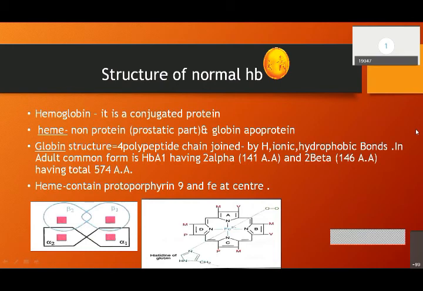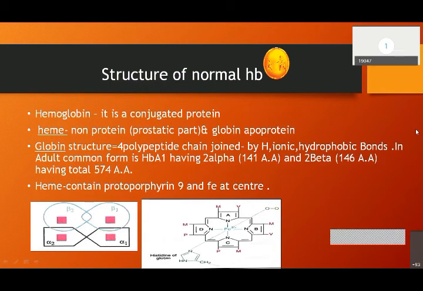Now we'll see the structure of globin. There are four polypeptide chains, alpha 2 and beta 2, which is the most common form of adult hemoglobin, that is HbA1, consisting of two alpha and two beta chains. The alpha chain contains 141 amino acids, while the beta chain contains 146 amino acids, having a total of 574 amino acids, which are joined by hydrogen, ionic and hydrophobic bonds.